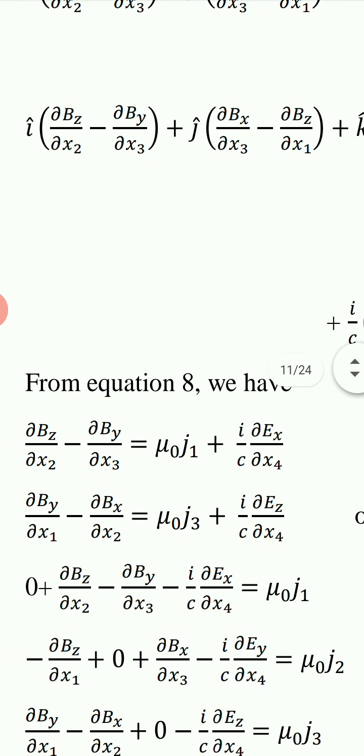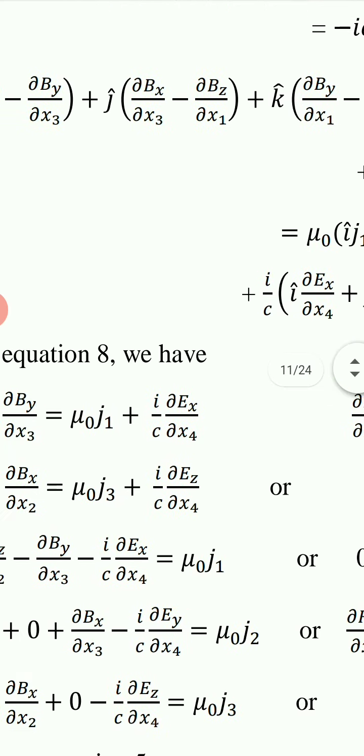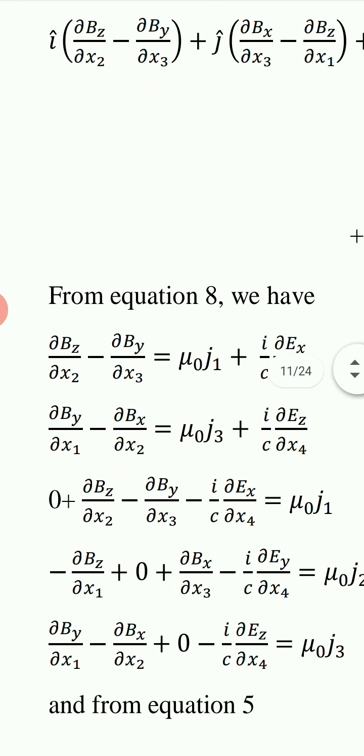By comparing the coefficients of I cap, j cap and k cap on left hand side and right hand side, these three equations so obtained can now be written as: first equation can be written as 0 plus delta Bz upon delta x2 minus delta By upon delta x3 minus I upon c delta Ex upon delta x4 equal to mu 0 j1.